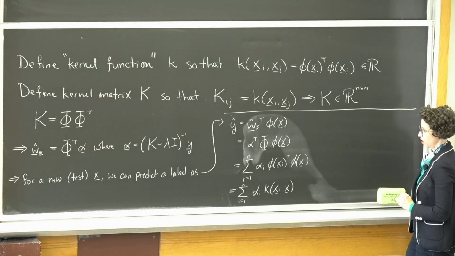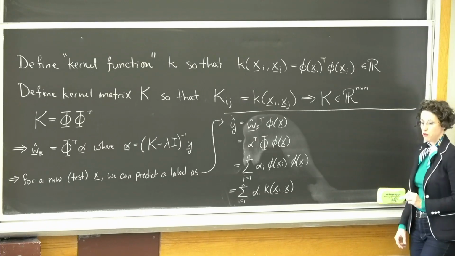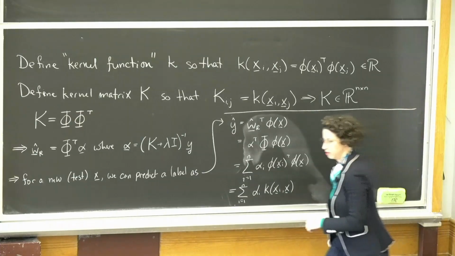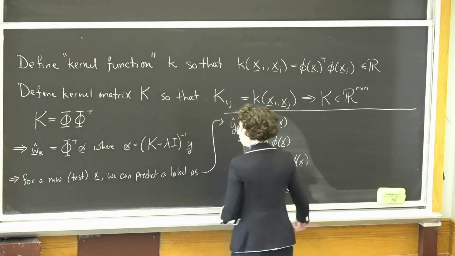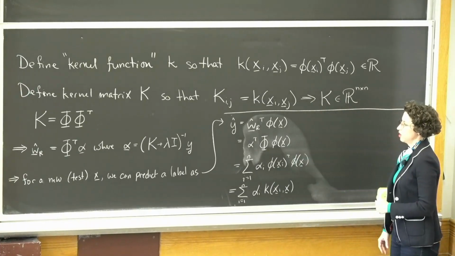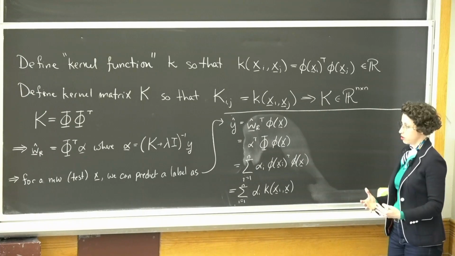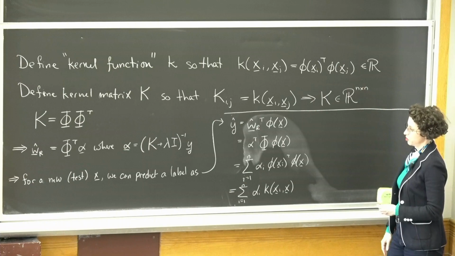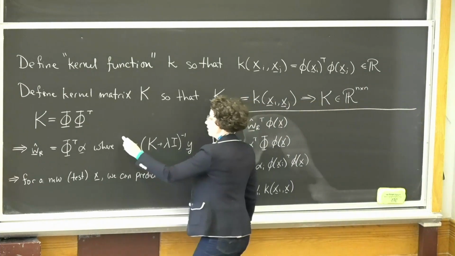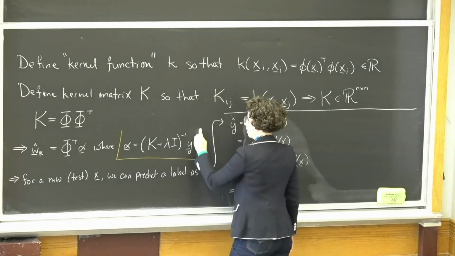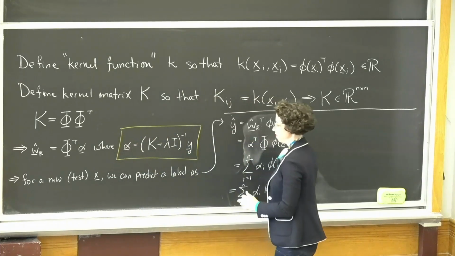If we think about what's happening here, I'm saying that once we've computed our kernel matrix and we've got this kernel function, I can take my training data and compute this vector of weights alpha.